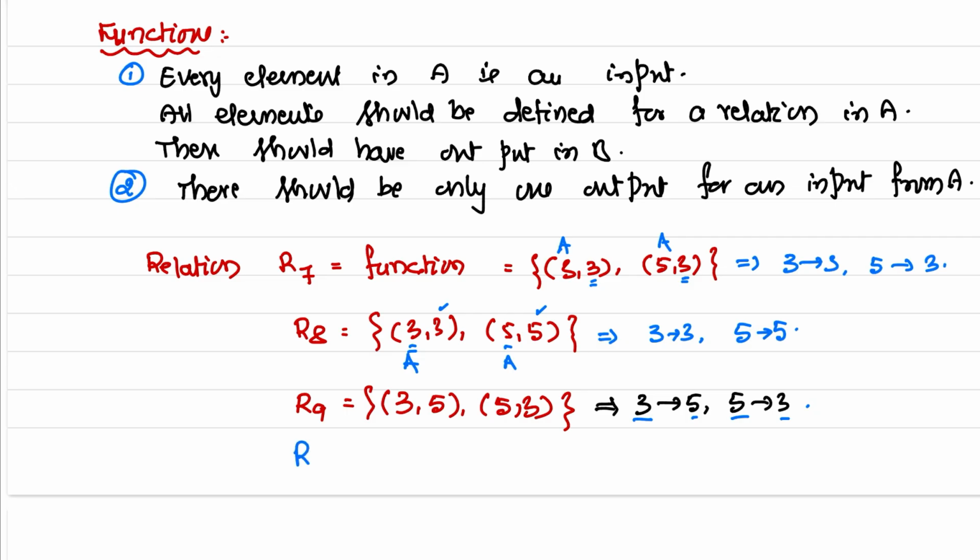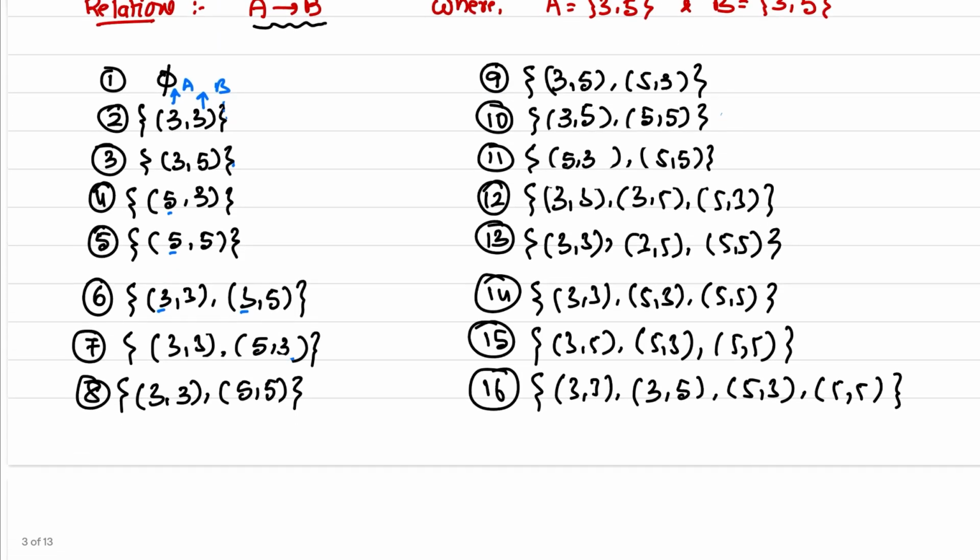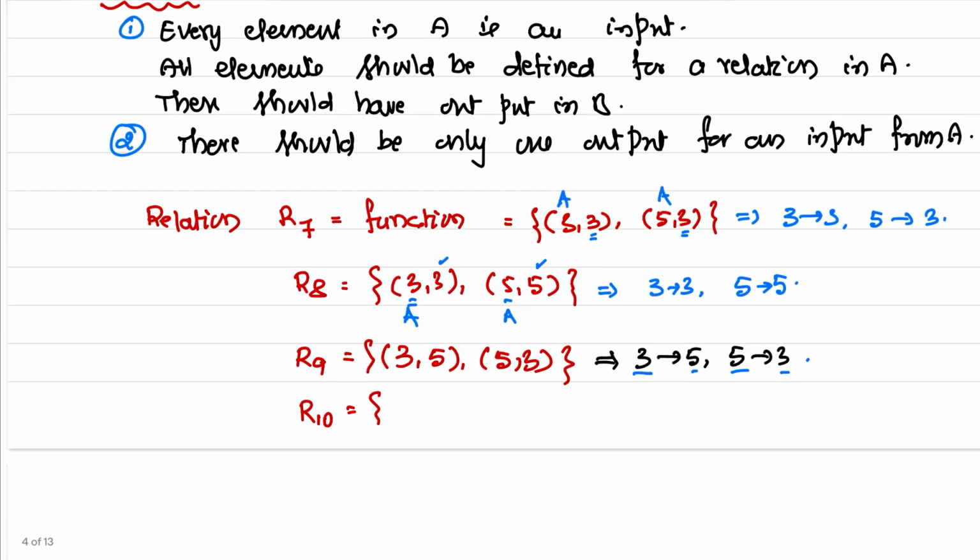Now, R10, let us write with the same color pen. R10 is 3, 5, 5, 5. What does it mean? 3 has got a relation with 5. 5 has got a relation with 5.